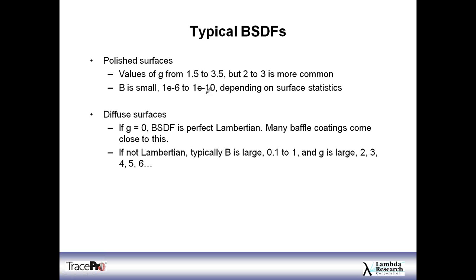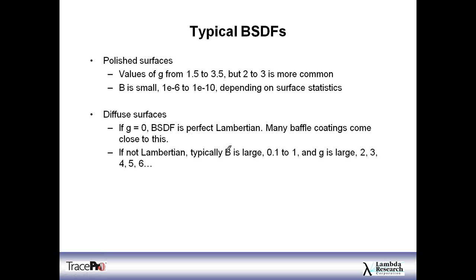As I mentioned, these are highly polished surfaces, so the light is going to be mostly concentrated in the specular beam. So just moving slightly off the specular, which is what B is defining, the scattering will drop off quite fast. For diffuse surfaces, if G is equal to 0, the BSDF is perfectly Lambertian, and baffle coatings can come close to this.